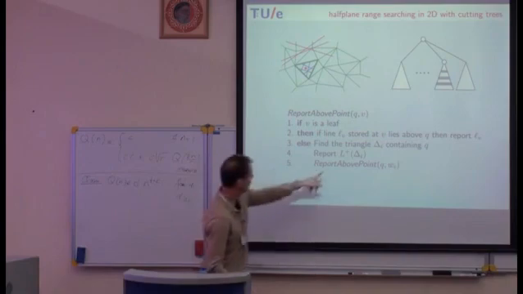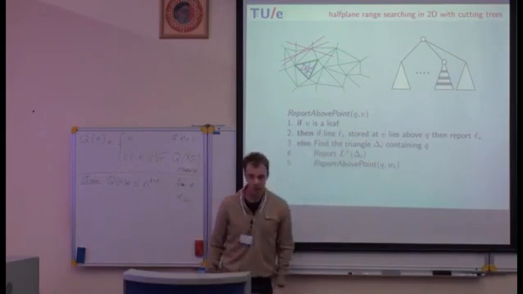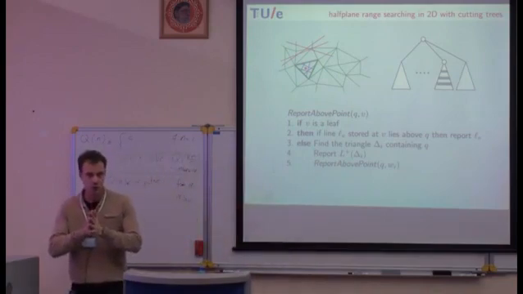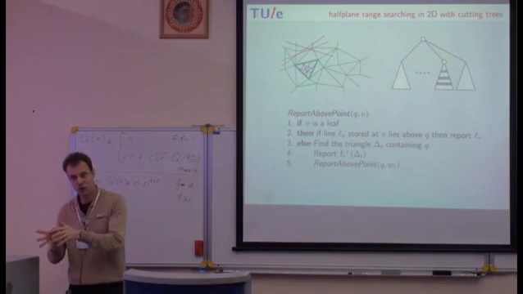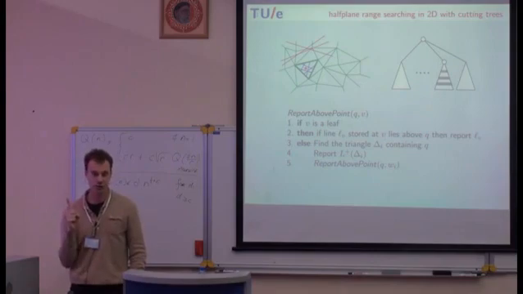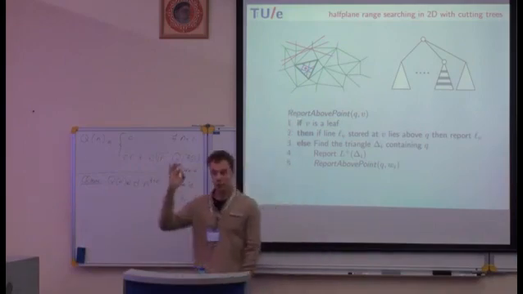And then you go into recursion in this subtree. The crucial difference between this one and the partition tree is that here you only go into recursion in one subtree, because my query point is inside only one triangle.